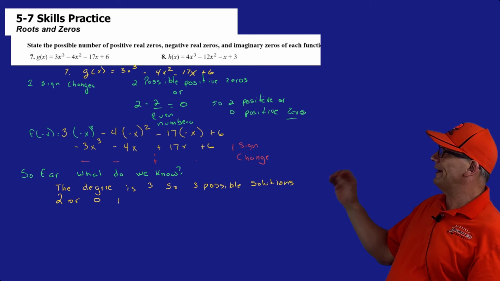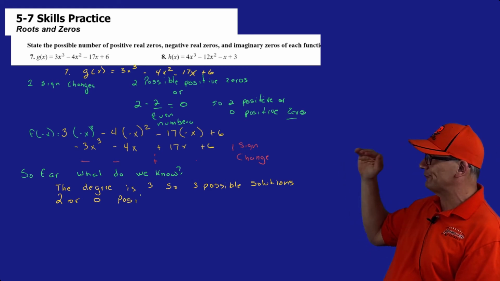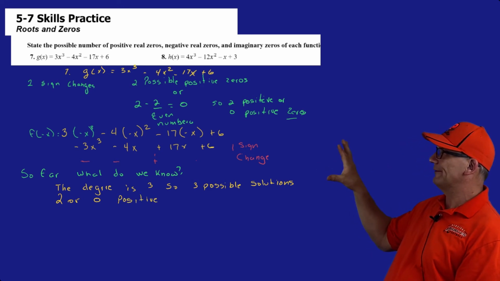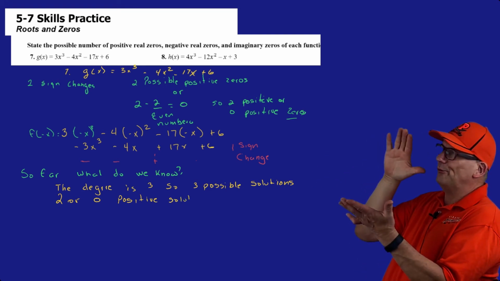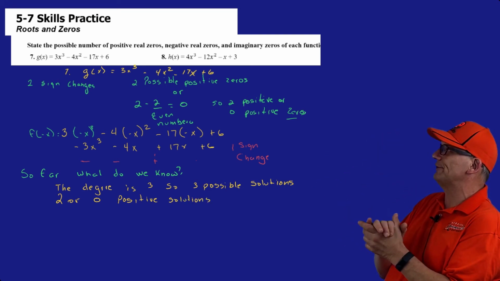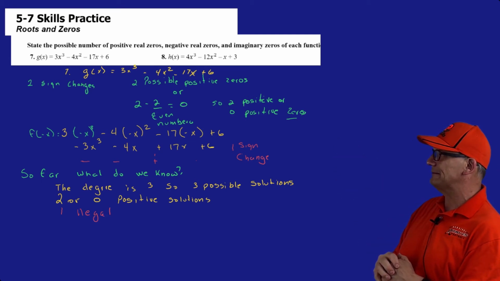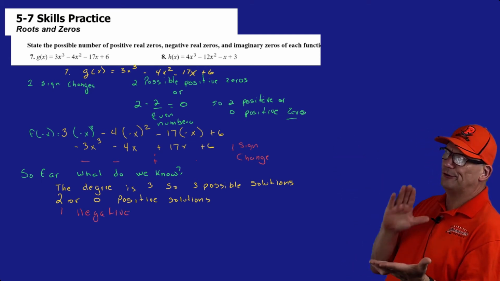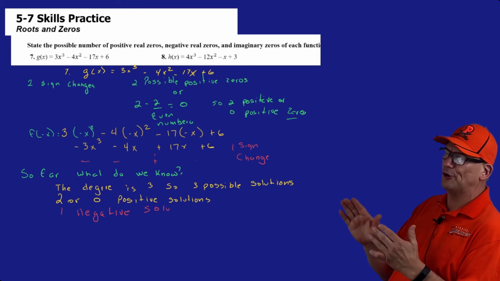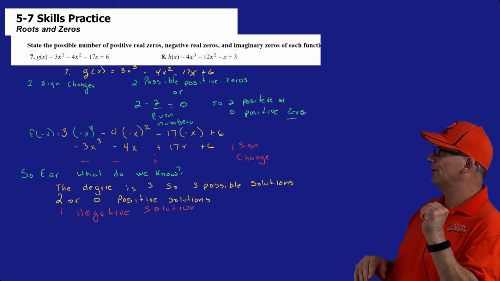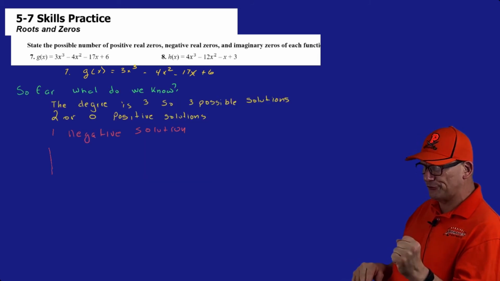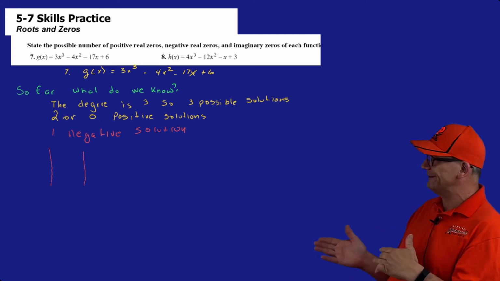So, right now, let's review. We know the total amount of solutions for this problem is going to be 3 because it's x cubed. Now, we know there's either 2 positive or no positive. We know there's 1 negative solution for sure because 1 minus 2 is less than 0.